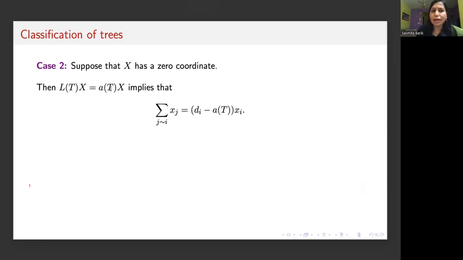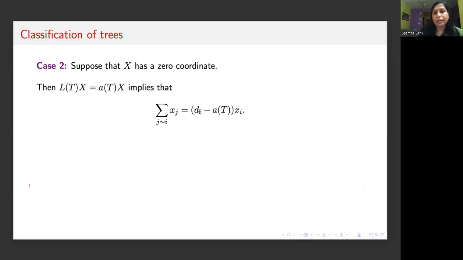If I consider the ith equation, this is the Laplacian, so you will get the degree of the ith vertex, d_i x_i, minus the x_j's for the vertices adjacent to i, those will be added in this sum. And the right side will be a x_i. So I'm taking this to one side.